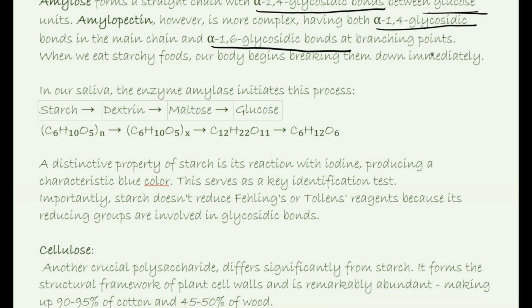This test is a key identification test for the presence of starch. Starch does not reduce Fehling's and Tollens' reagent, because its reducing groups are involved in glycosidic bonds. That's why it is not reducing the reagents.